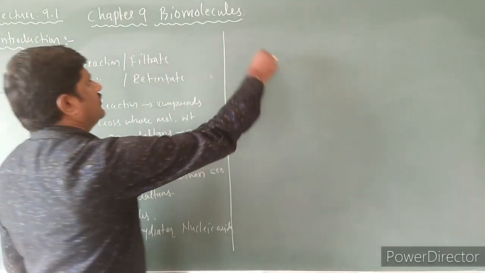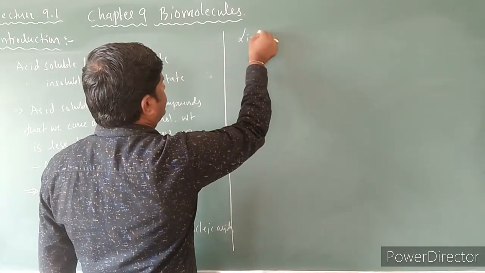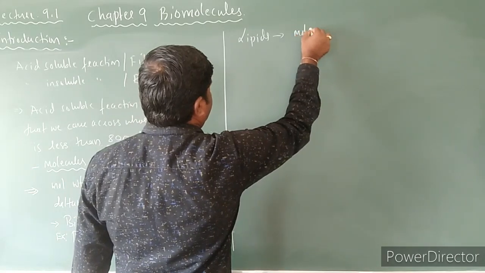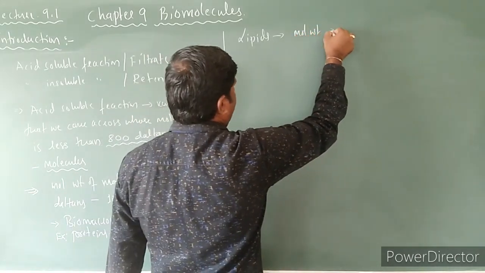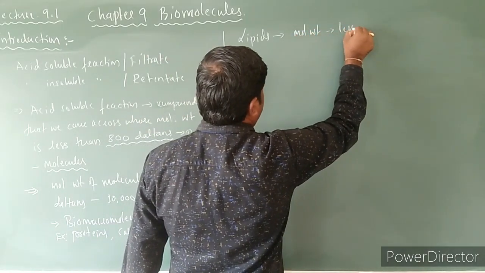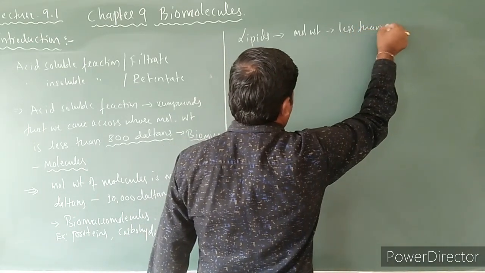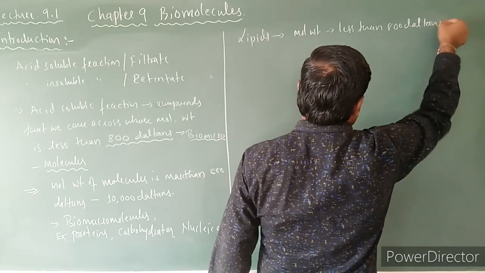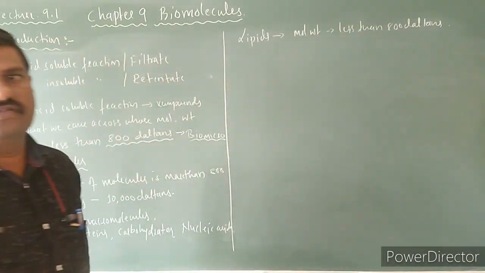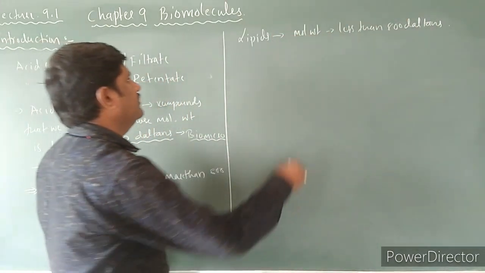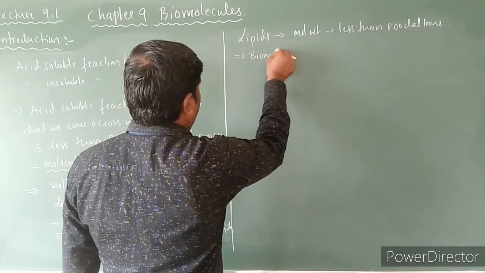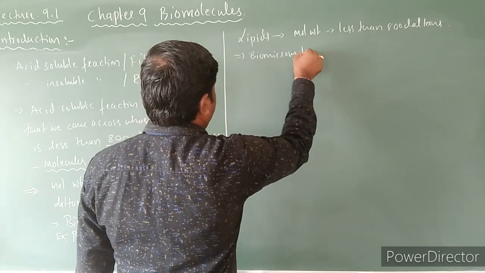Even the lipids are also here, but their molecular weight is less than 800 daltons, so these are called biomicromolecules.